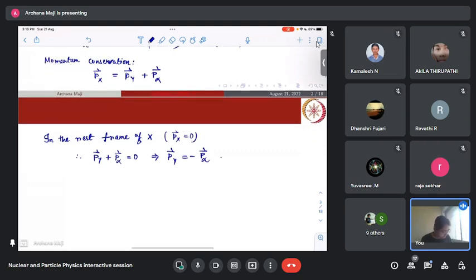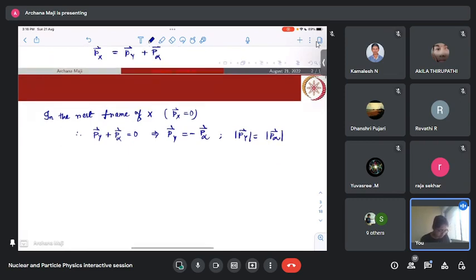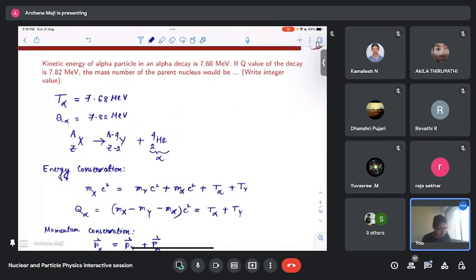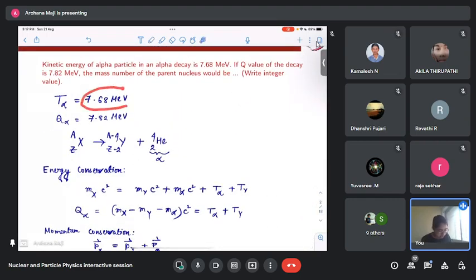So the magnitude of P_Y is the same as the magnitude of the alpha particle momentum. Since the rest energy of the alpha particle is much higher compared to the typical kinetic energy, as you can see, the kinetic energy of the alpha particle is a few MeV, whereas the rest energy of the alpha particle is 4 atomic mass unit, which is nearly equal to 4000 MeV.